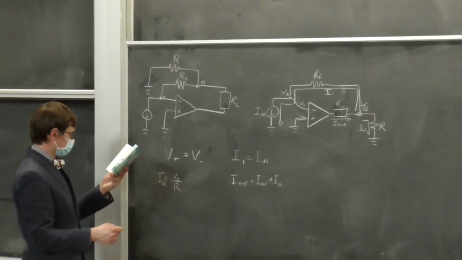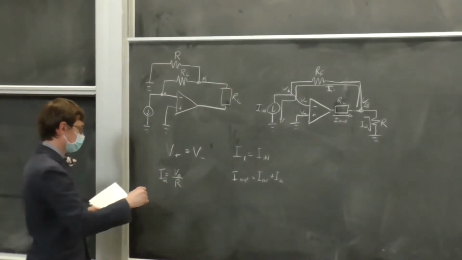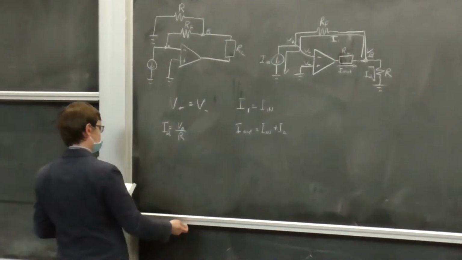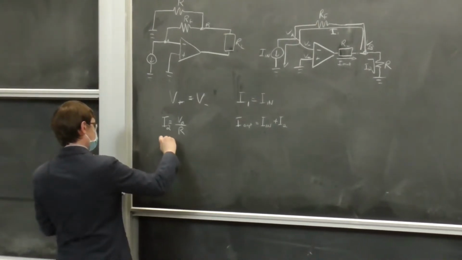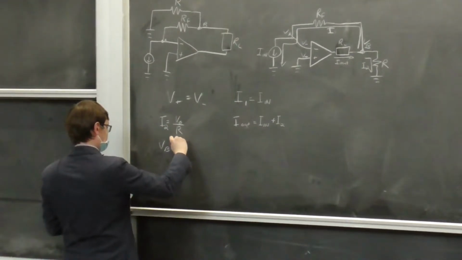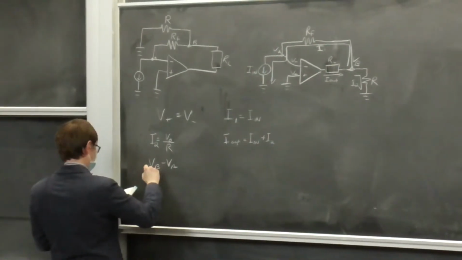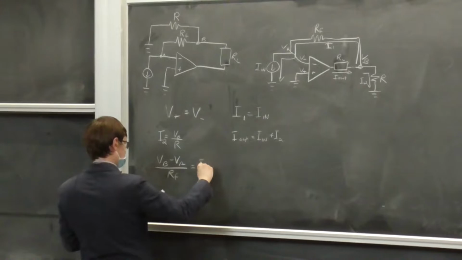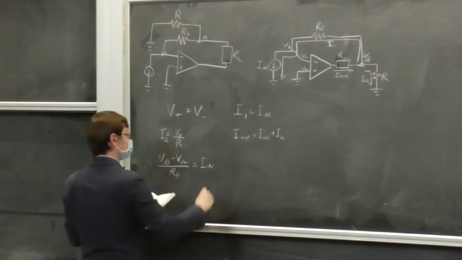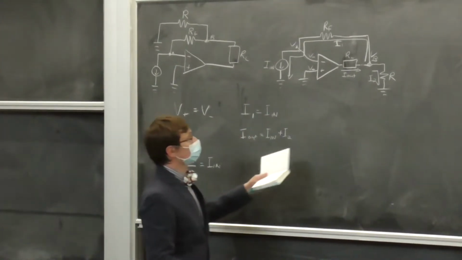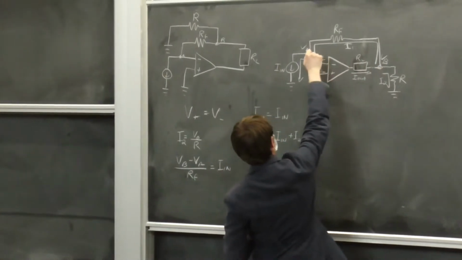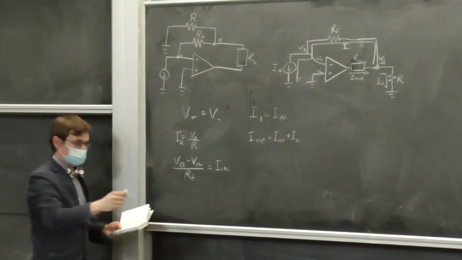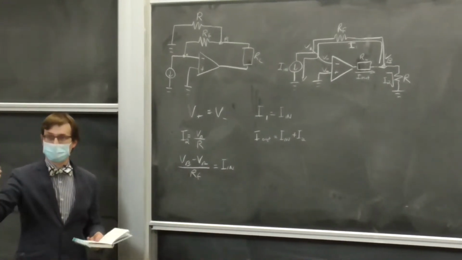So, we can also state with confidence, because of Ohm's law, that VB minus VA over RF is equal to I in. Potential difference across this resistor divided by the resistance of the resistor is equal to the current. Ohm's law.